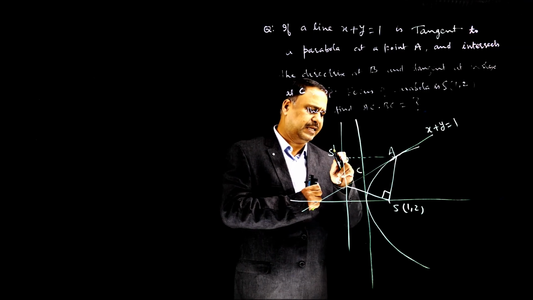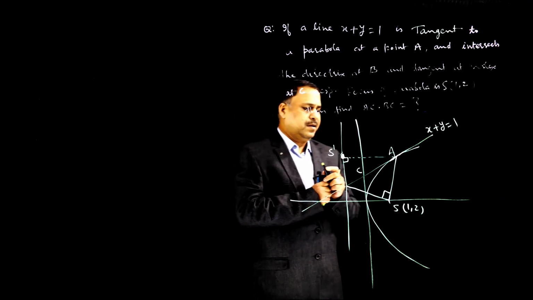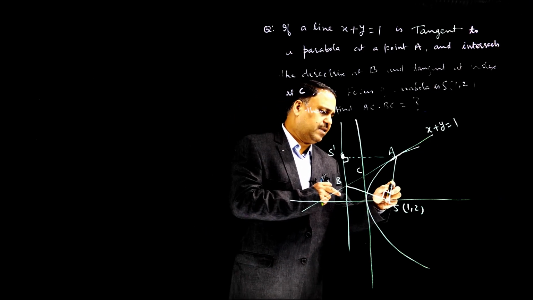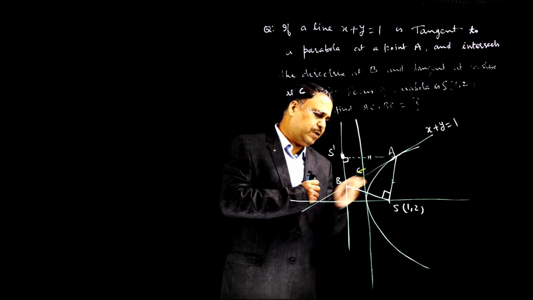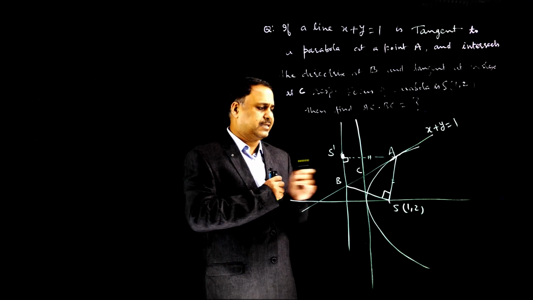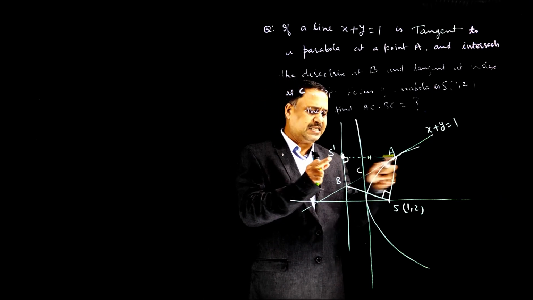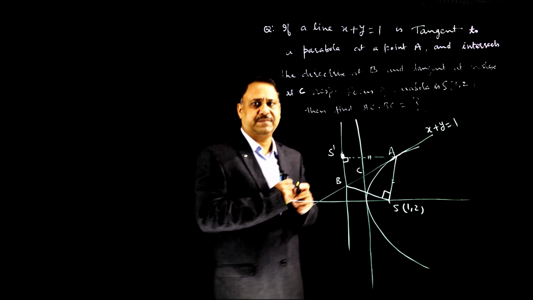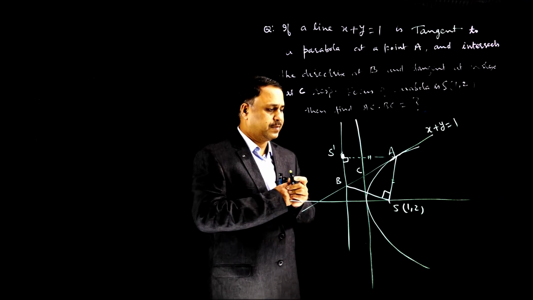This angle is 90 degrees. This length will be equal to this length. The reflection of S with respect to any tangent will lie on the directrix, and if this is the focus, the reflection of this will be S dash, where AS dash is perpendicular to the directrix. This again is a very, very important property, we will use this.